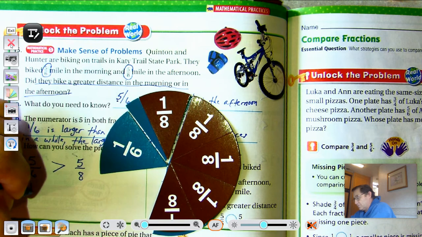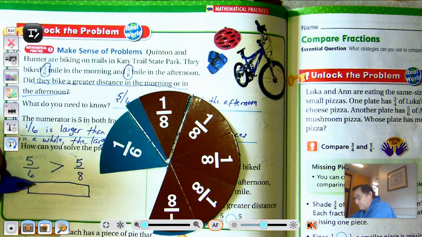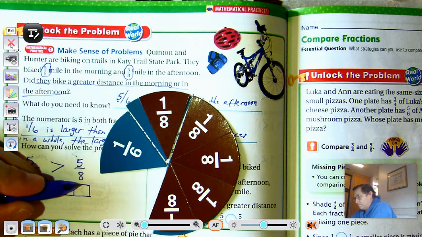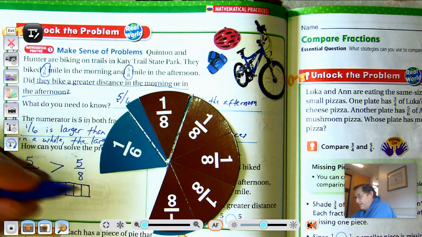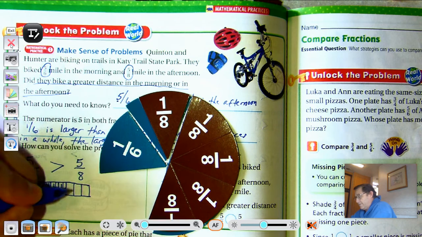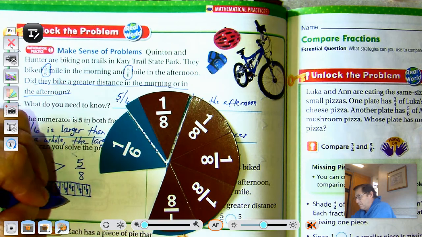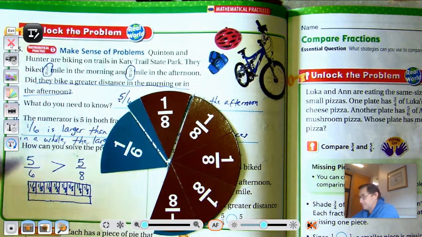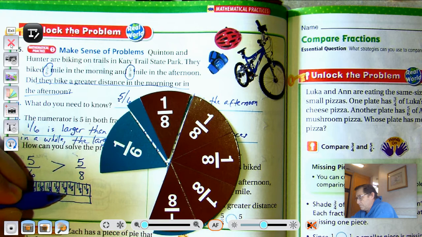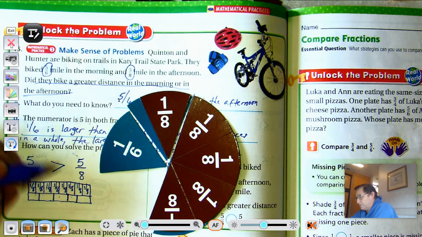So if I was using fraction strips or the circle, okay, so the eighths, 1/8, 1/8, 1/8, 1/8, 1/8. Or we have 1/6. Oops, I got off a little.